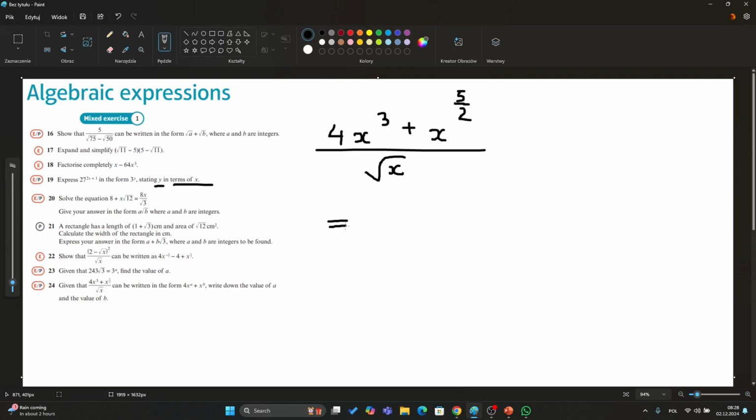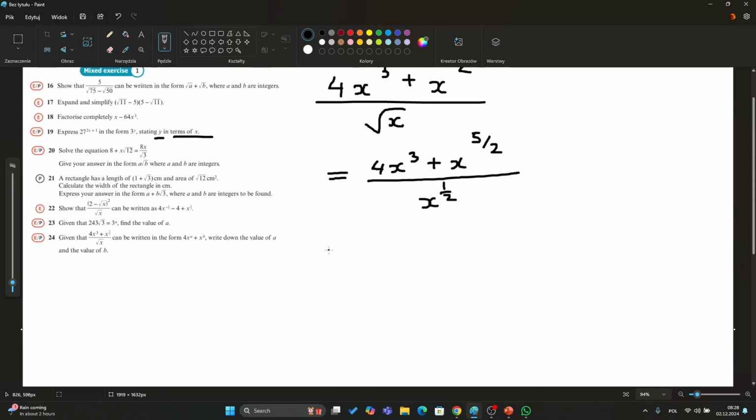So here we have 4x cubed plus x to the power of 5 over 2 all over x to the power of a half, which equals 4x cubed over x to the power of a half plus x to the power of 5 over 2 over x to the power of a half.